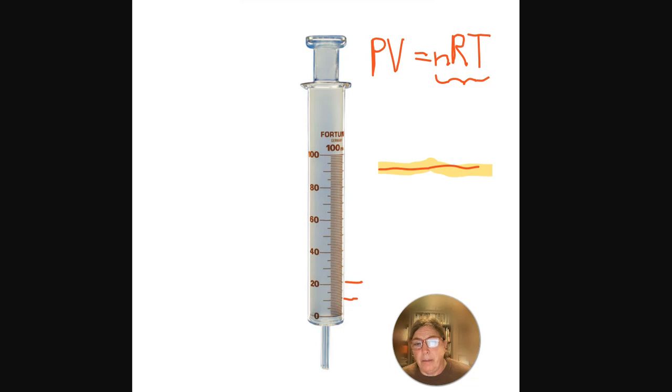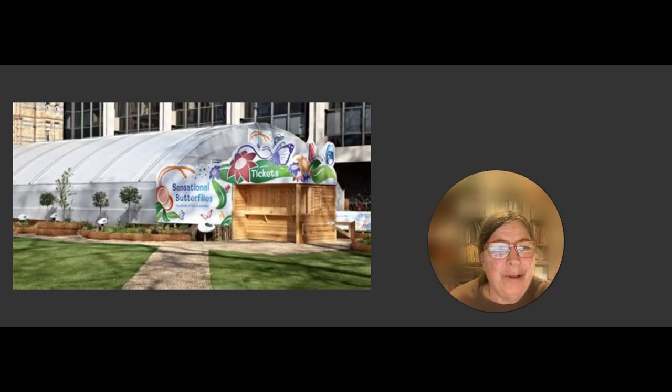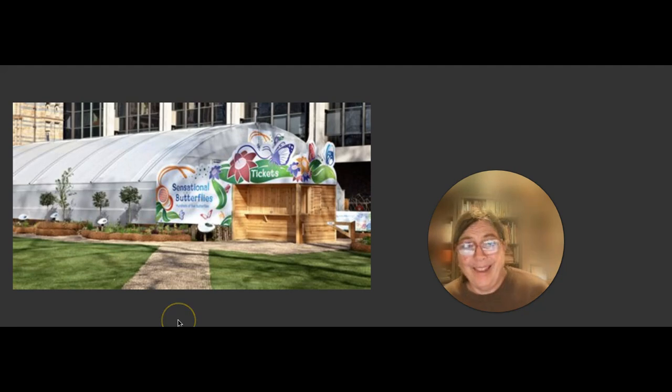Now you can see that mathematically, but you can also see that by thinking about butterflies, for example. Say you've got one of these butterfly museum tents, and inside this tent there's, say, 500 butterflies. And then the organizers decide to double the size of the tent, but they still have 500 butterflies. So all of a sudden, the butterflies are less dense, by half.